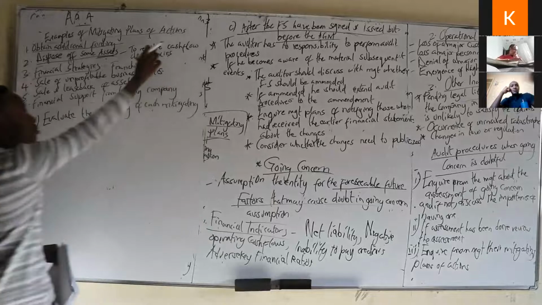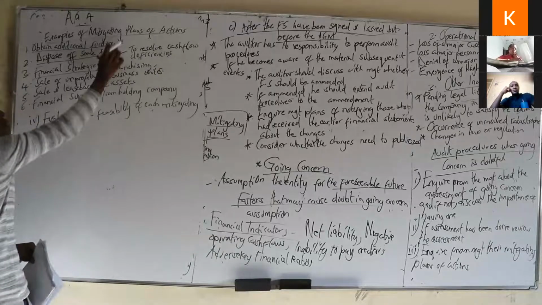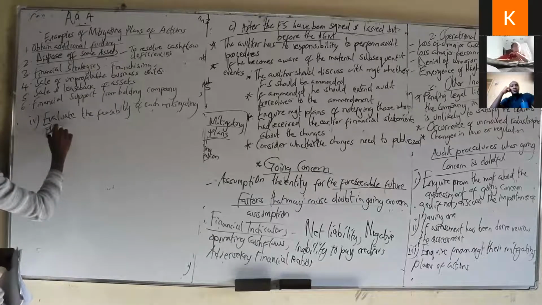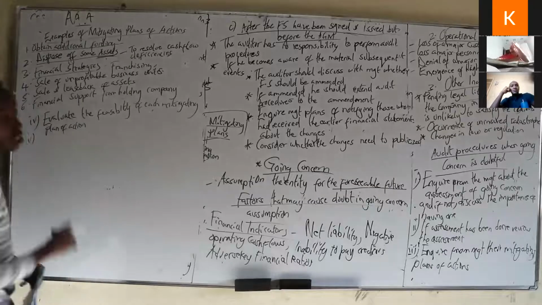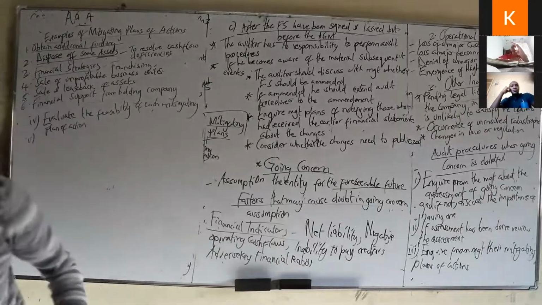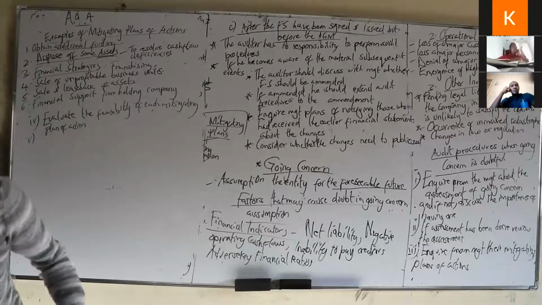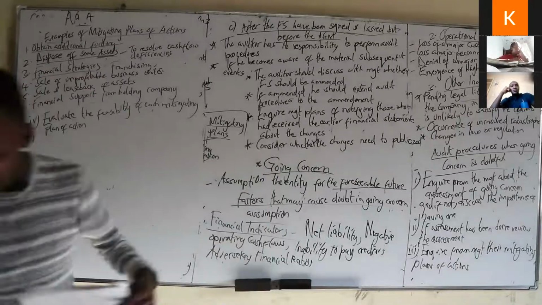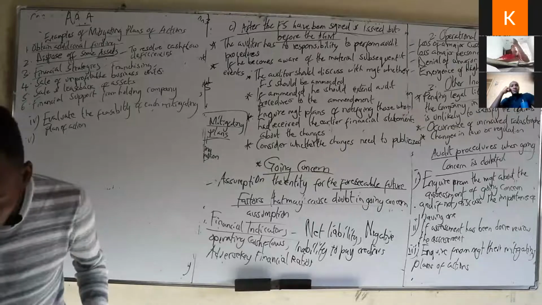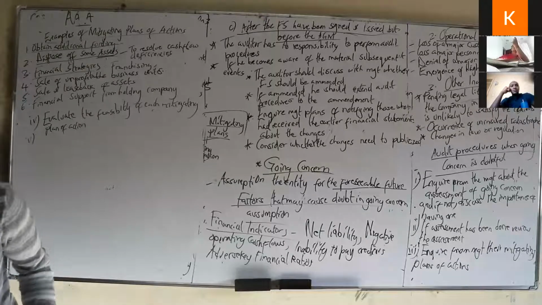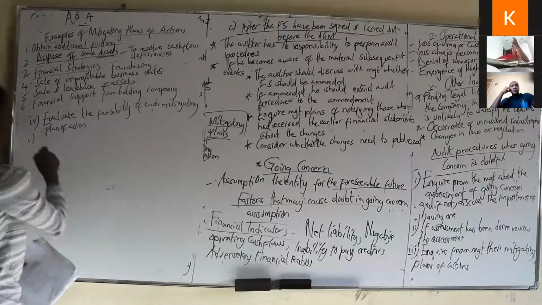It is through those audit procedures that I have highlighted for mitigating plans of action. Now, going concern is very important for the auditor because it shows whether this company may continue in operation or not.